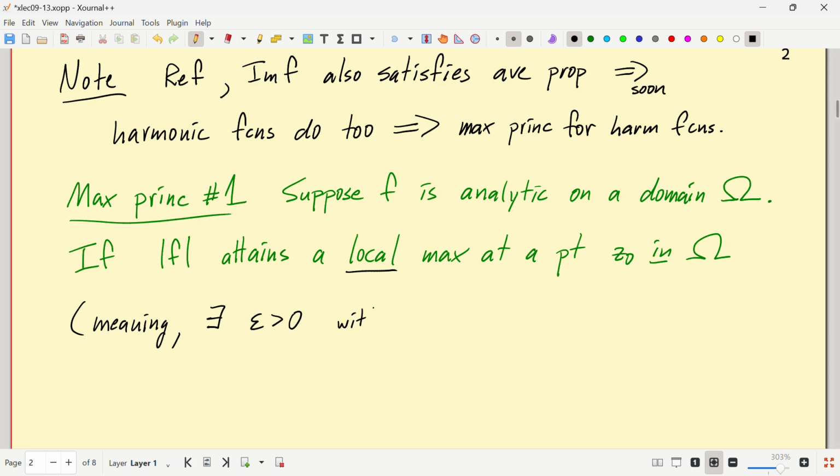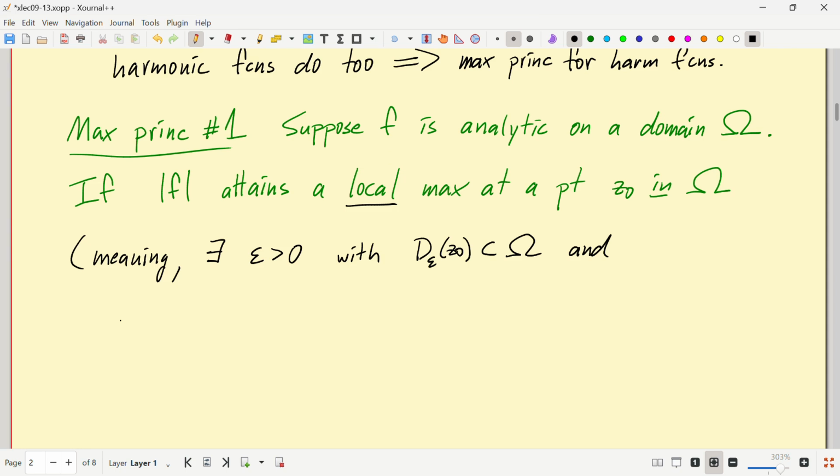With the disk of radius epsilon about z naught contained in omega, and the modulus of f at z is less than or equal to the modulus in the center, that's the max, for all z.